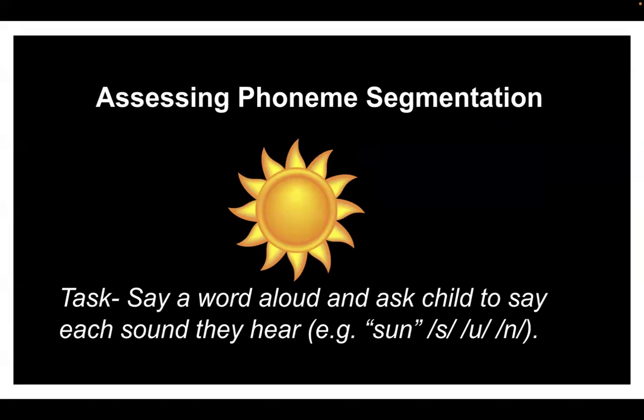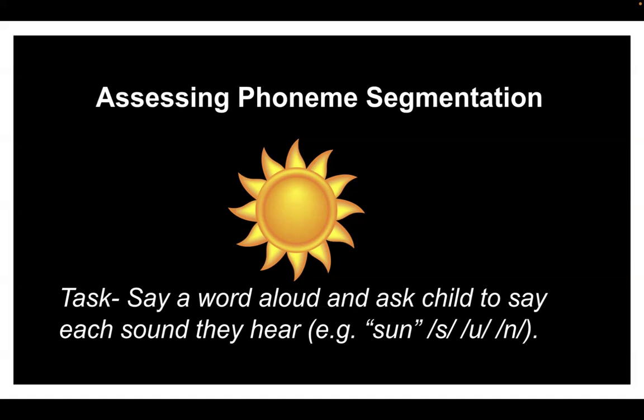If I wanted them to show me their phoneme segmentation ability, and just a reminder, a phoneme is an individual sound. The phonological awareness tasks deal with larger units or chunks in a word. Now we're getting into the individual phonemes. Those are phonemic awareness.